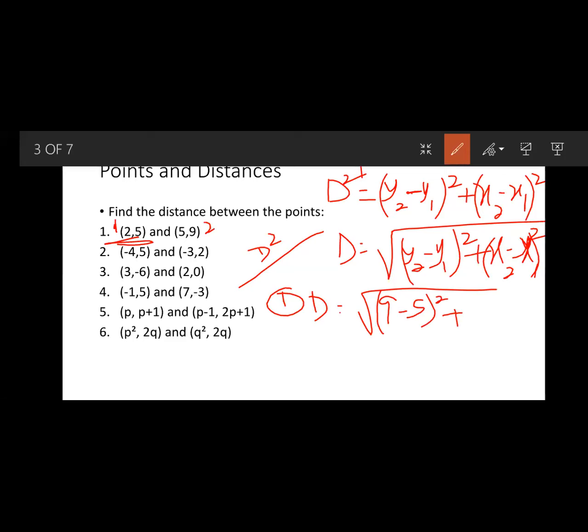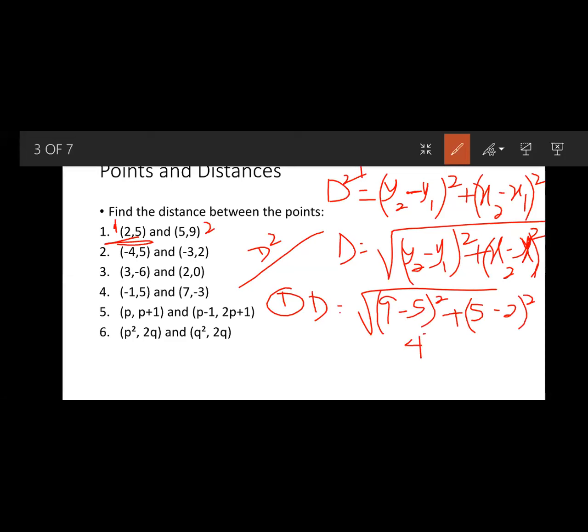plus x2. X2 is what? 5. You can see x2 is 5. X1 is 2. So by the time you do that, 9 minus 5 is 4. 4 squared plus what? 3 squared.